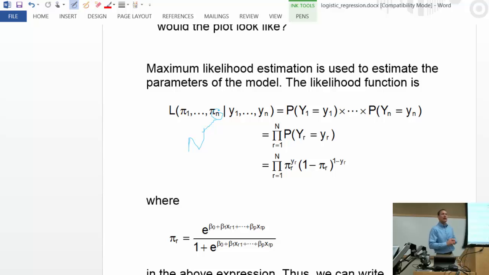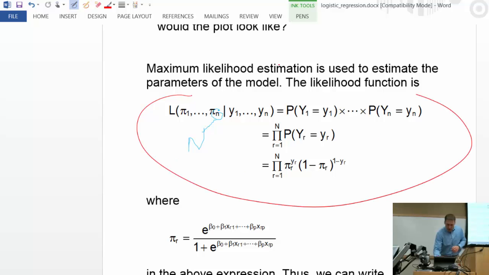The little n should have been a capital N to correspond to our notation, where we have capital N as our sample size. Now the difference between what you see here and what you saw in the factor analysis section is that now we have a subscript on the pi. We're going to use r. Remember, we typically use r to note a particular observation. So what this likelihood function is saying is that pi can be different for every single observation.